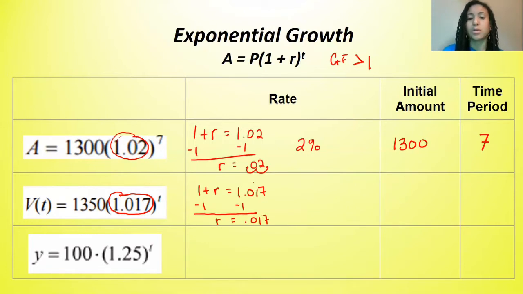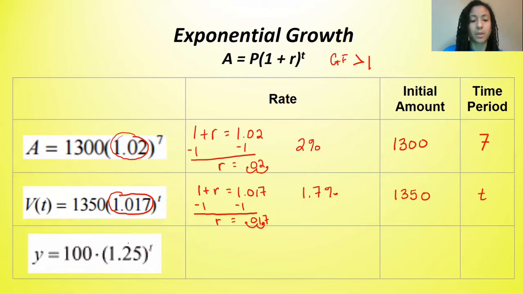Once again, to convert a decimal to a percent, we move the decimal 2 places to the right. So in this case, it will be 1.7%. Our initial amount would be 1,350, and our time period for this particular problem is represented by T.